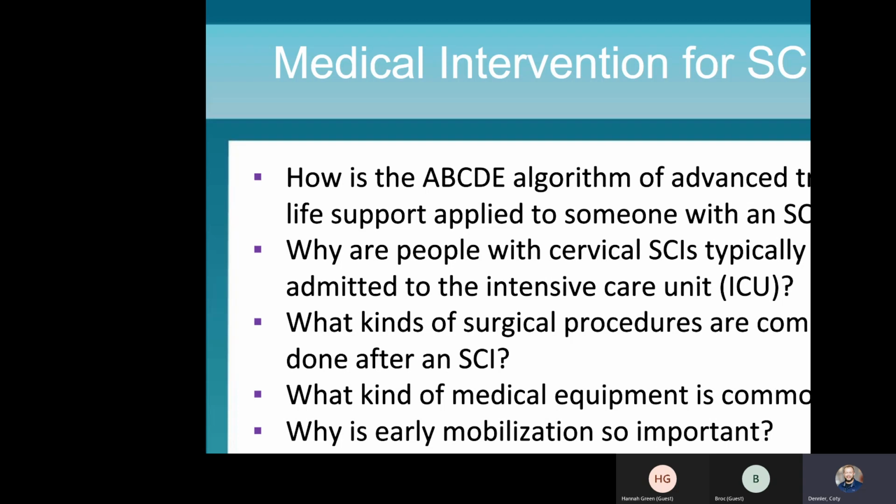But they have a decreased ability to regulate their blood pressure and their heart rate. So they usually admit to the ICU so they can avoid hypoxia. Does everybody know what hypoxia is? That's where they don't get enough oxygen to their brain, and essentially their brain cells die.